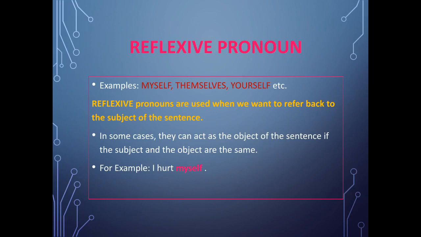In some cases, they can act as the object of the sentence if the subject and the object are the same. For example, I hurt myself. Here, the subject I and the object myself are indicating the same person, that is I. So, here the word myself is a reflexive pronoun.